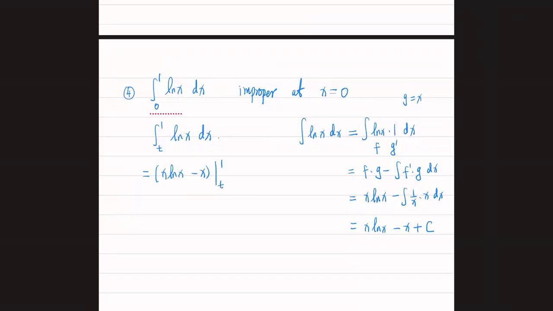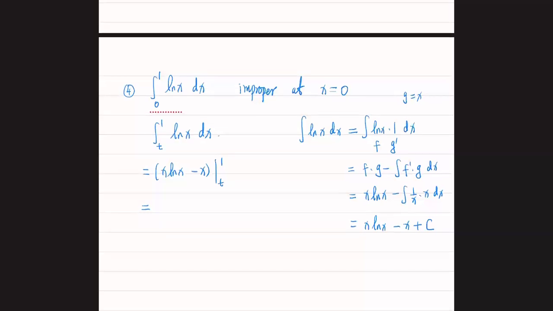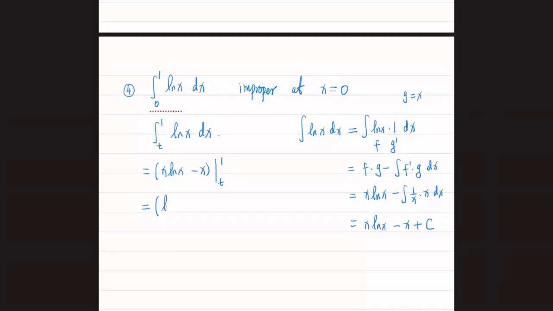Evaluate from t to 1. When you evaluate at 1, it is logarithm 1 minus 1, minus t logarithm t minus t. Simplify: 0 minus 1, minus t.